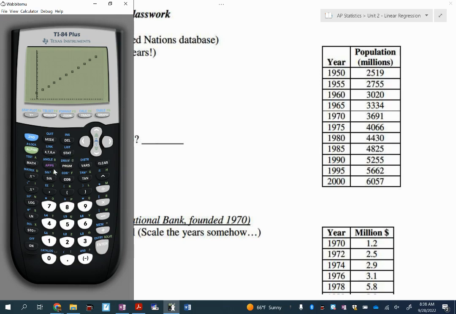Let's run the linear regression model, so that's calculate number 8. Make sure you scroll down and make this list 4. Just in case this one ends up working, I'm going to store this into my y sub 1 like we've done in the past, because it's asking me to use the model on a question here. So I have y sub 1, and then hit calculate.